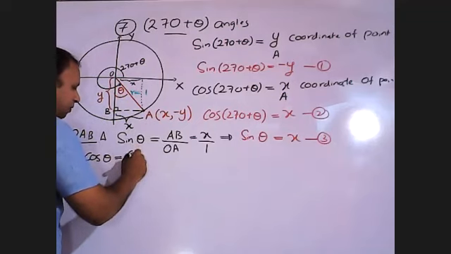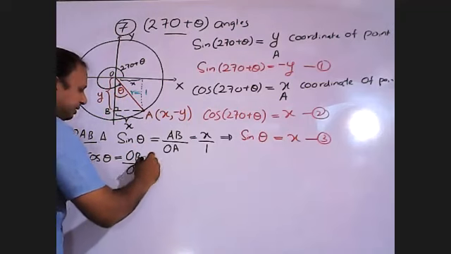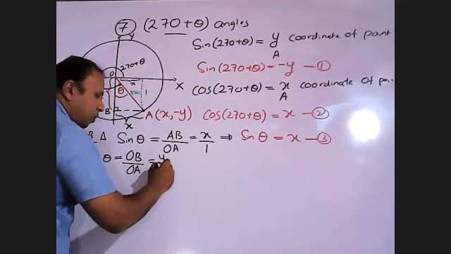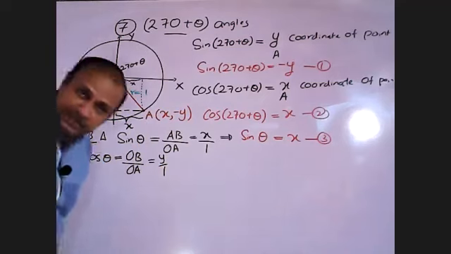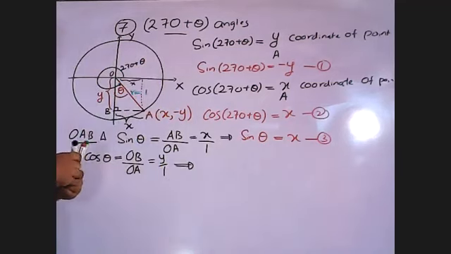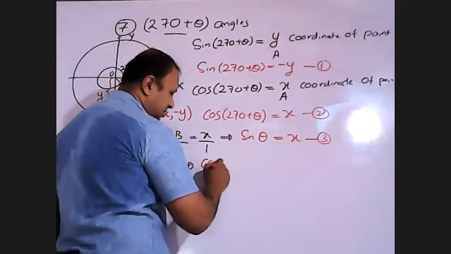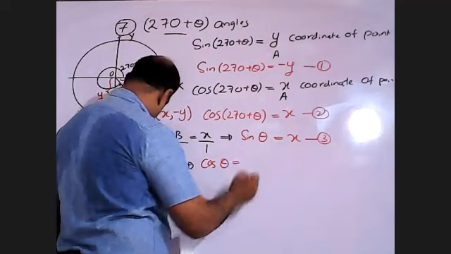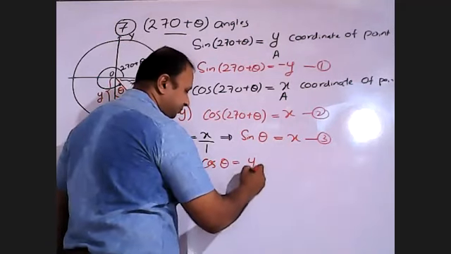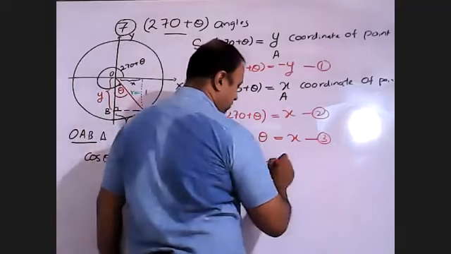The adjacent side is OB, the hypotenuse is OA. Therefore, it is y over 1, which is equal to y. Therefore, cos theta is equal to y. This is 4.